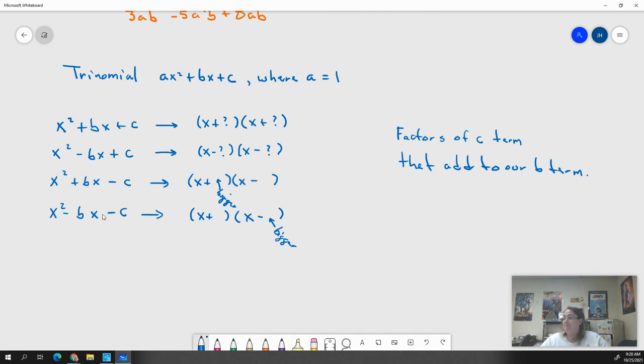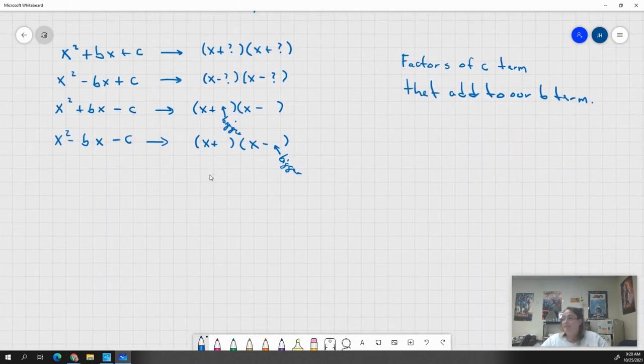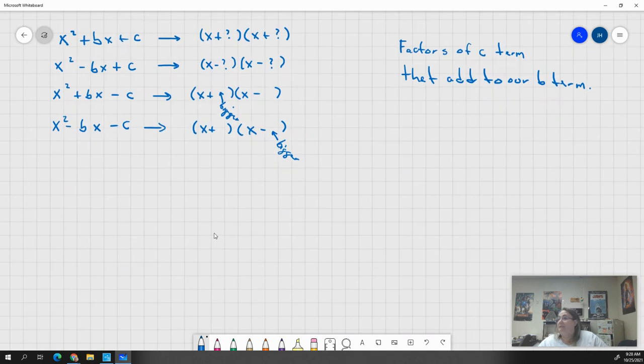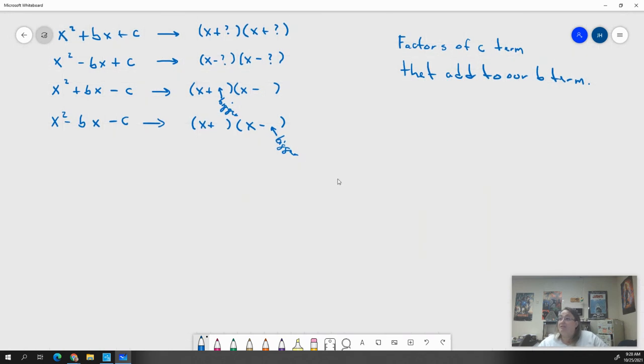What does that mean? Well, I'm going to show you what that means. I'm going to keep this chart right here. I love this chart because it really helps when you're factoring. If I have, for example, x squared plus 14x plus 45. Everything here is positive.